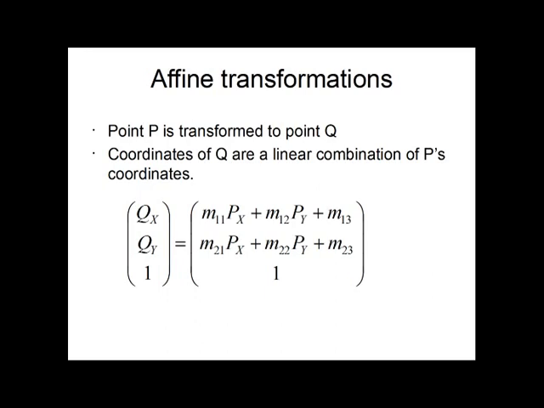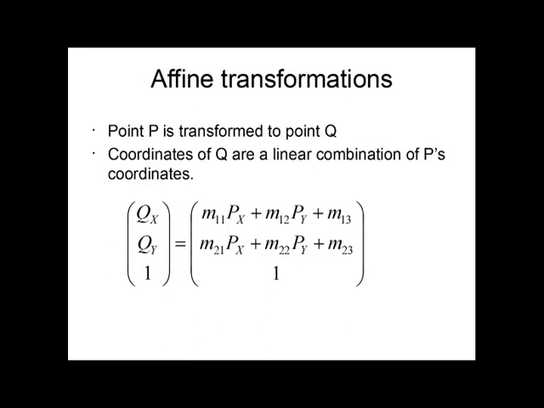So here we have a slide that represents basically what we can do with 2D points and 3x3 transformation matrices, and we're basically setting up the x and y coordinates of the point Q as linear combinations of the x and y coordinates from P, meaning that we take some kind of scaled version of the x coordinate, add it to the y coordinate multiplied, and then add a constant to that.